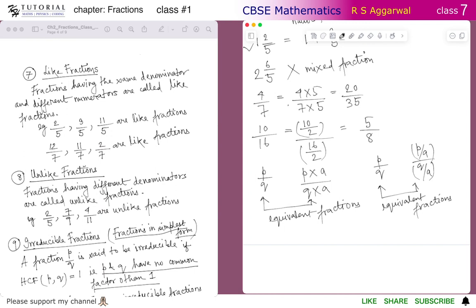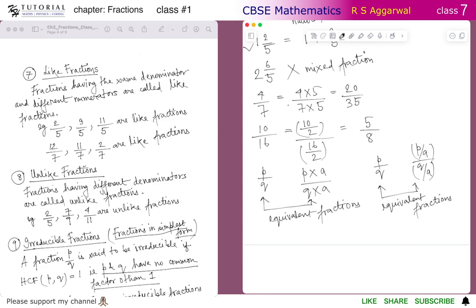So what are like fractions? When you are given a few fractions, fractions having the same denominator and different numerators are called like fractions.